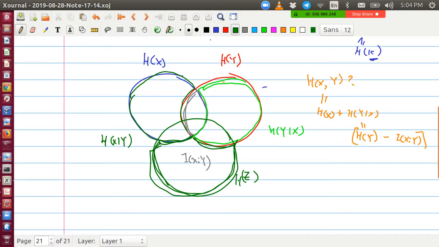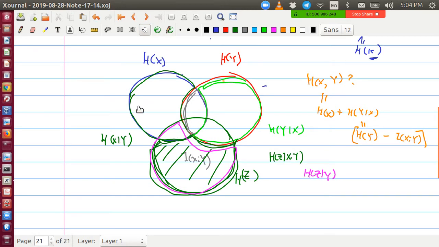Actually, it's not. But let me just give the answer for this one. It turns out this is just H(Z given X,Y), so this region is H(Z given X,Y). And this part here, we already know is H(Z given Y).